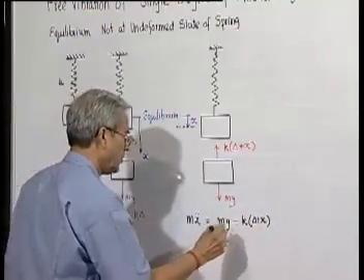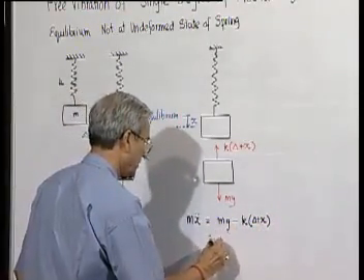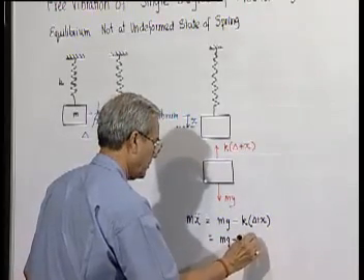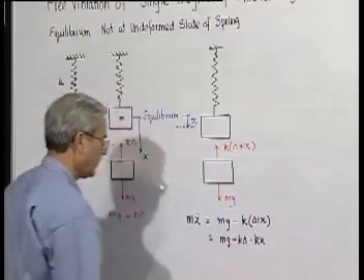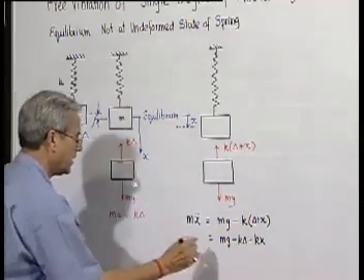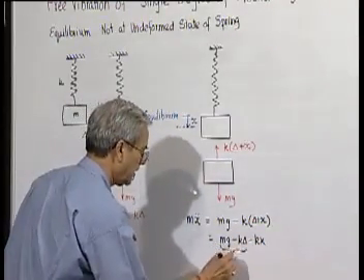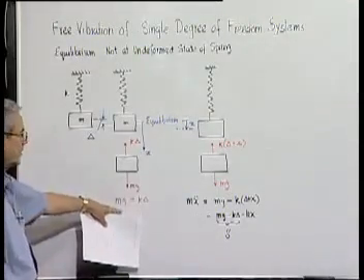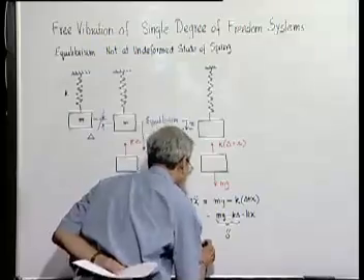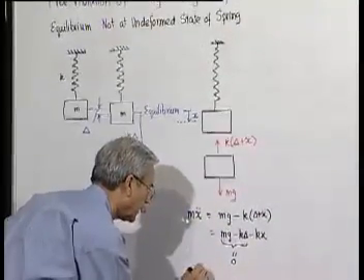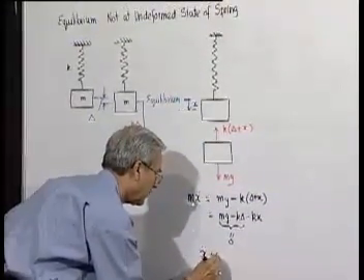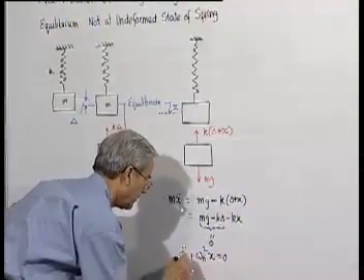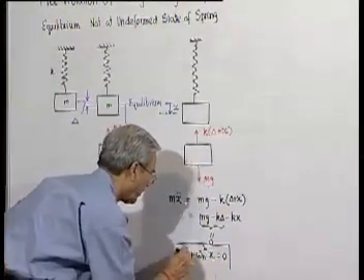Or when you expand, mg minus k delta, as you can see, is equal to 0 from this. So therefore finally we again get back the same form of equation.